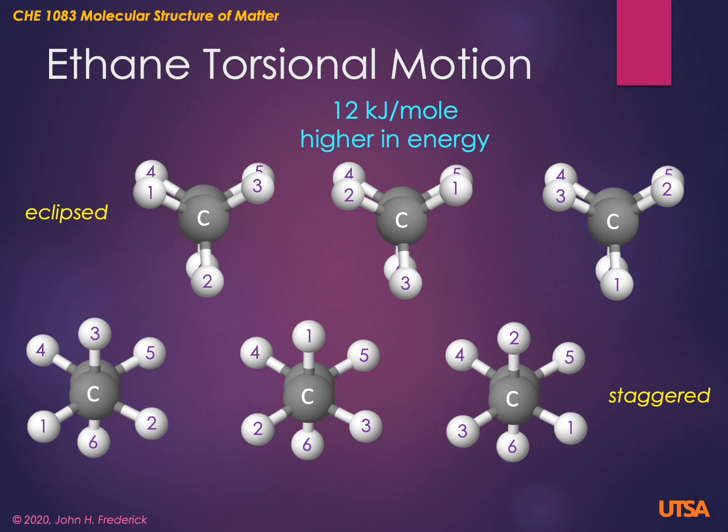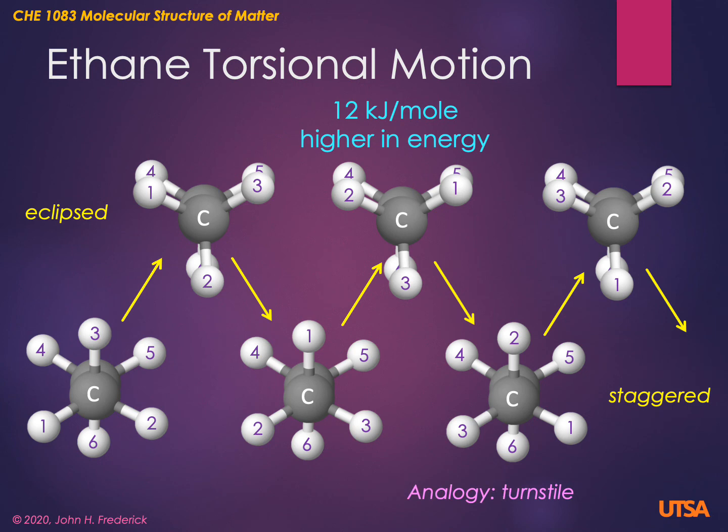So we have used torsion basically to change the potential energy felt by the molecule. We go up in energy, down in energy, up and down, so while we're twisting about that carbon-carbon bond, the potential energy oscillates.